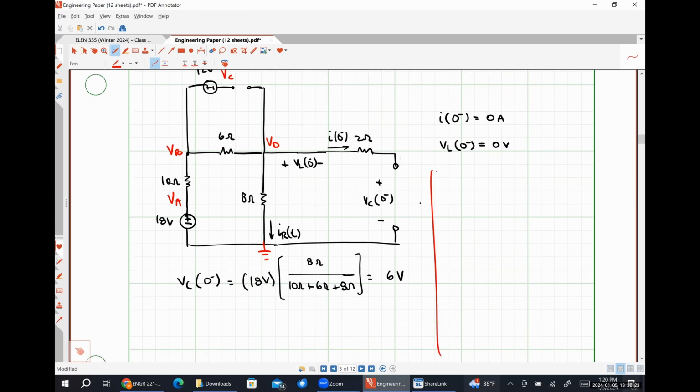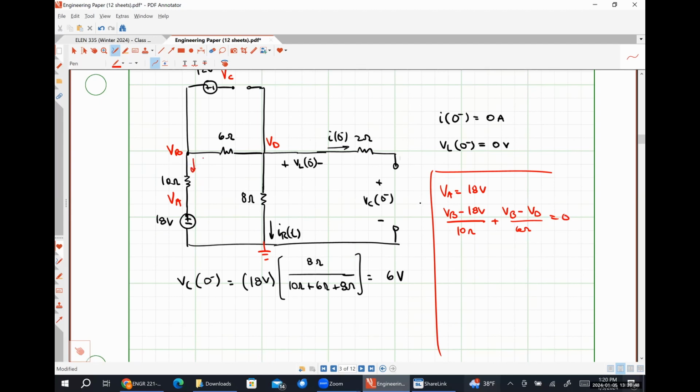Just as a quick aside here, we can see right from the jump that VA is 18 volts. KCL at node B is going to give us VB minus 18 volts divided by 10 ohms plus VB minus VD over 6 ohms is equal to 0.